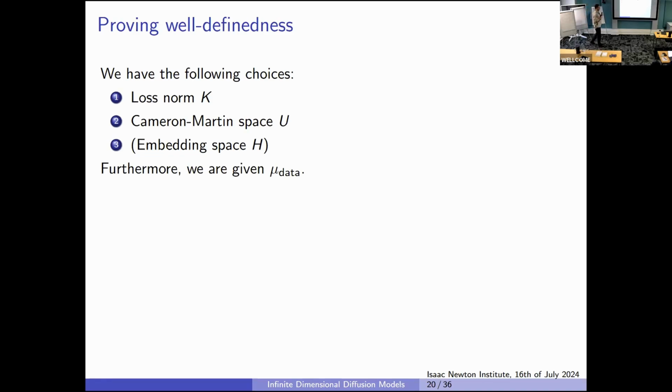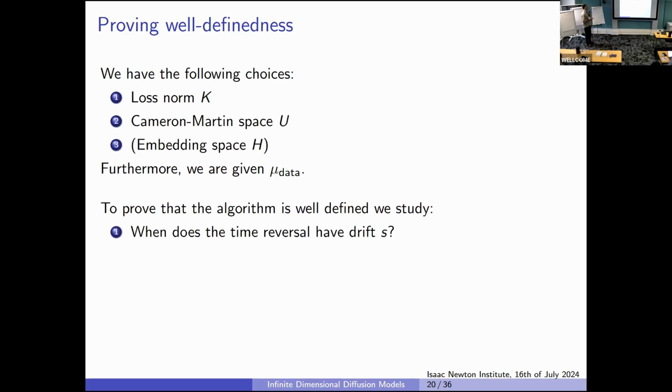And now we want to show that the algorithm that we have this way is well defined. And what we do is first check the time reversal. So again, we pathwise reverse the forward SDE, and we want to see, does it satisfy a stochastic differential equation or stochastic integral equation with the drift S. Then, if this is true, we have this reverse SDE, and this is a candidate to be able to simulate it to get samples from mu data.